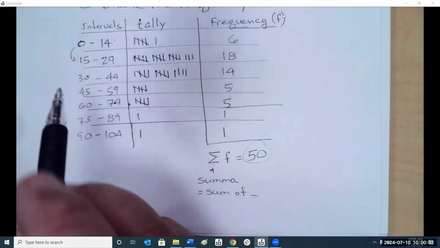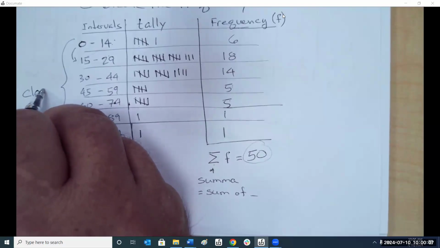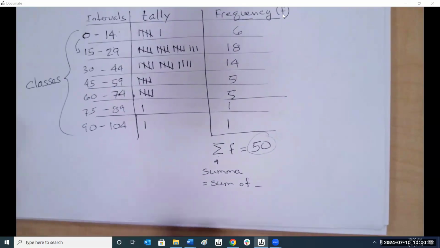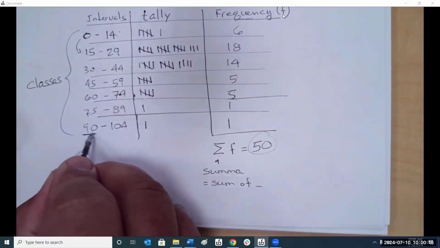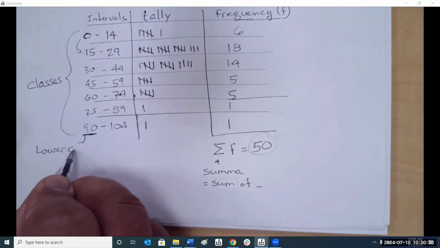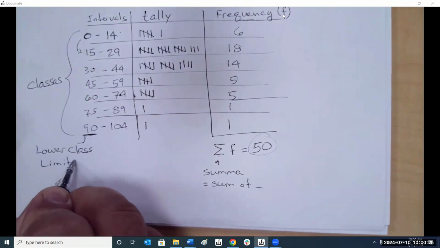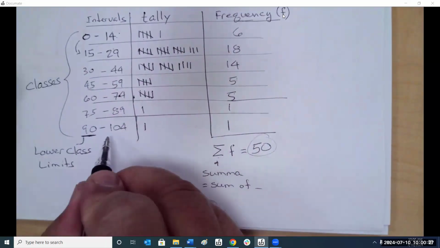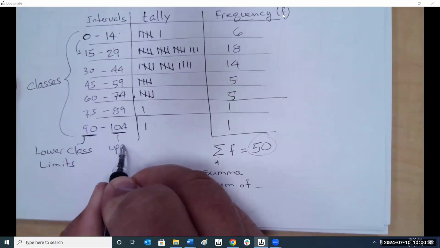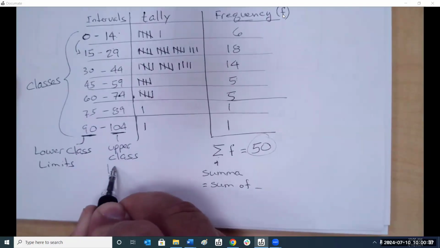Now, in our intervals, these are our classes. These numbers on this side represent the lower class limits. And these numbers on the right are the upper class limits.